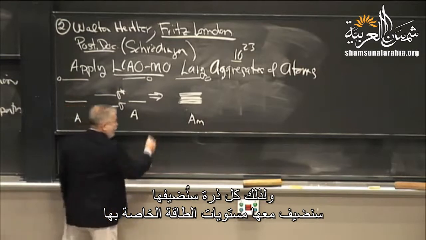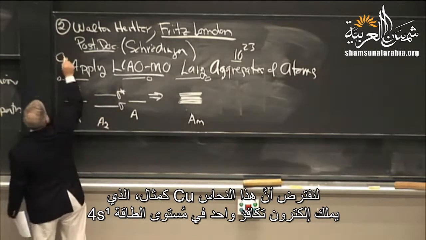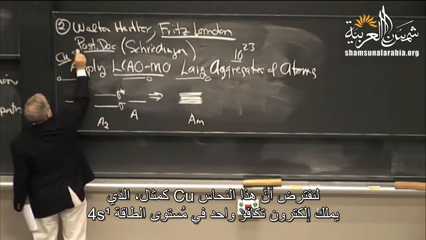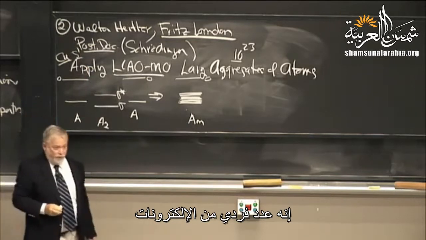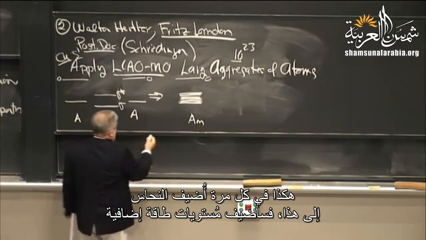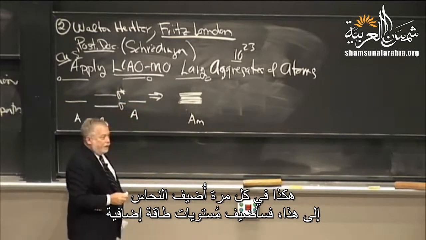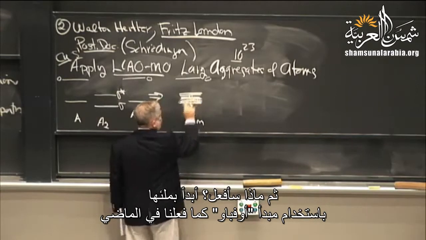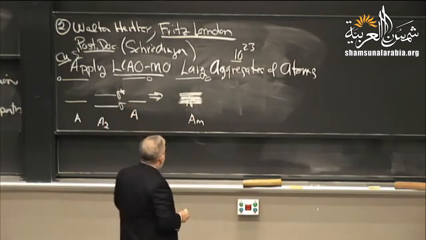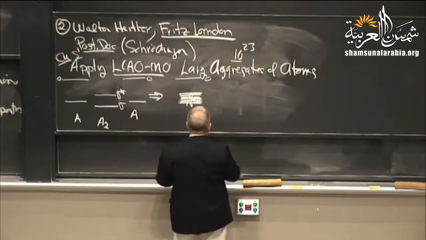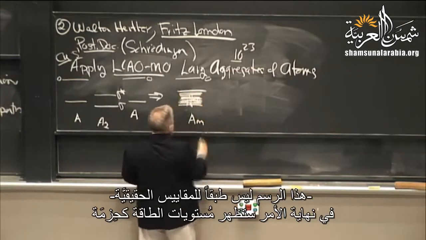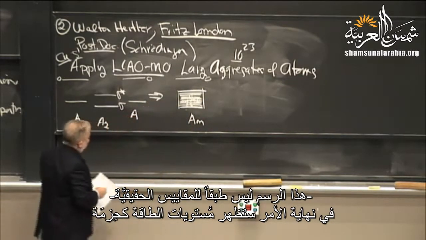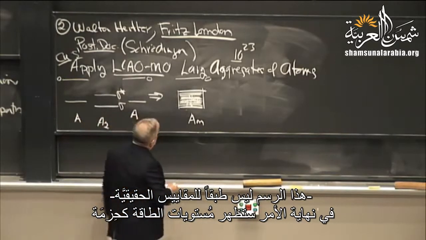So for every atom we add, let's say this is copper, for example, which has a 1s, an odd number of electrons, every time I add a copper to this, I add extra states. And then I start filling them using Aufbau, just like we've done in the past. Well, if we keep going, and by the way, not to scale, it starts looking like a whole bunch of states.